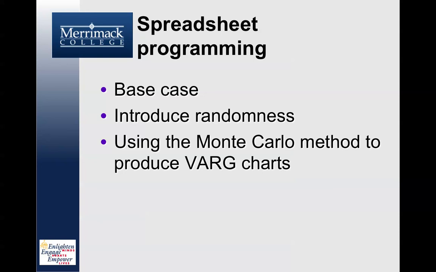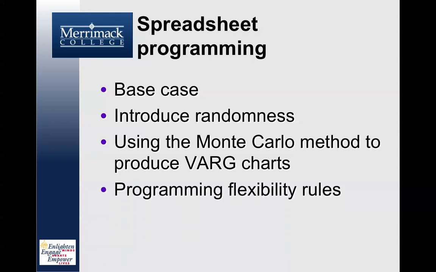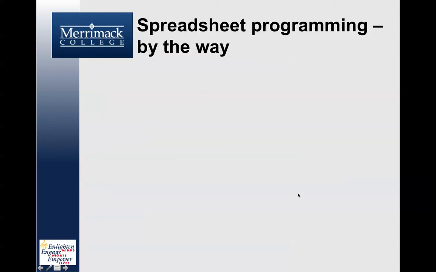And then using the Monte Carlo method, we can produce these value at risk charts. They're just basically cumulative distribution charts, right? And then we can program in some flexibility rules for that staging alternative.